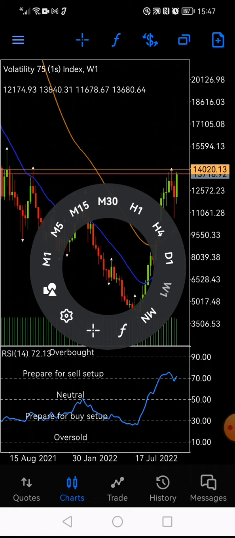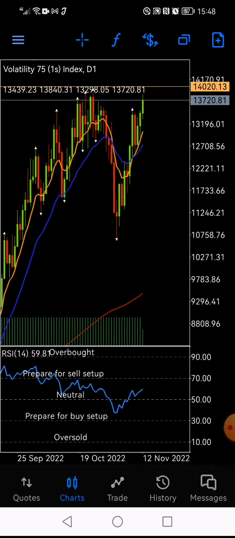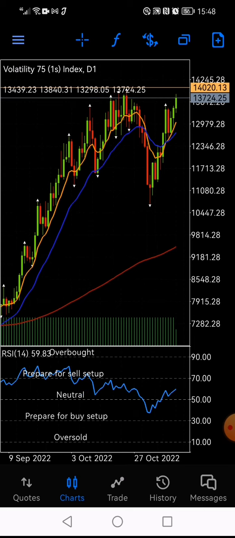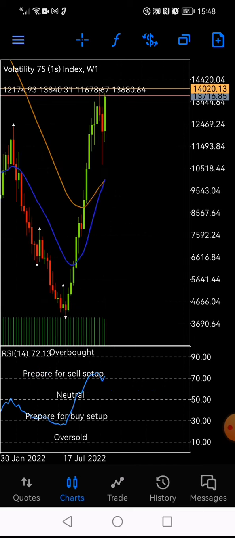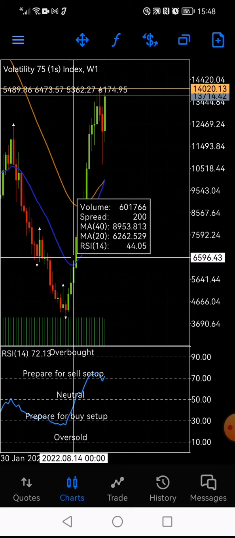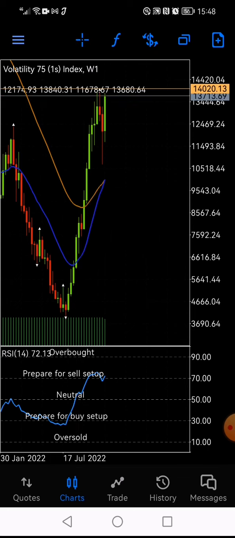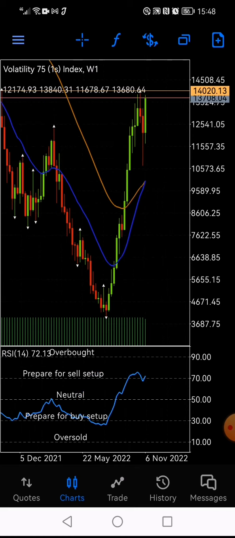Let's go into lower time frames. We're gonna be looking at the daily chart. You see, on the daily chart, what happened there? As it was railing, let's go back to the weekly just a little bit. The market has been railing from this time here, from the 24th of July this year. It has been rising and rising and rising, going up and up and up until that level, the one that was highlighted.